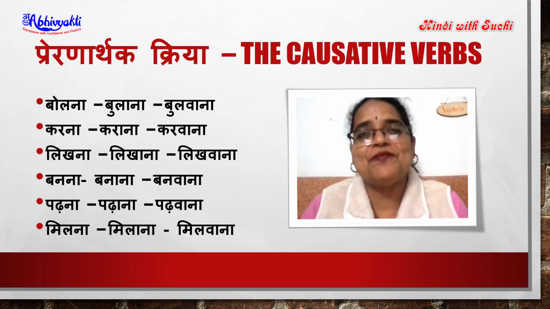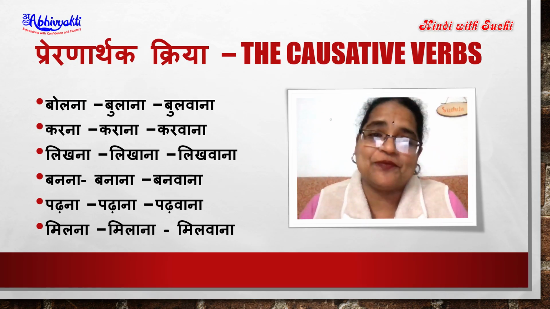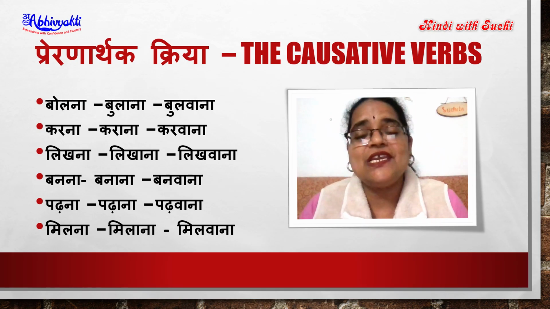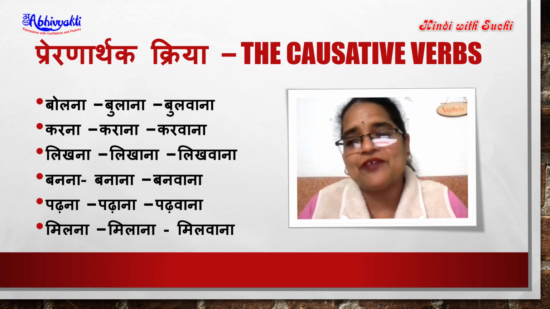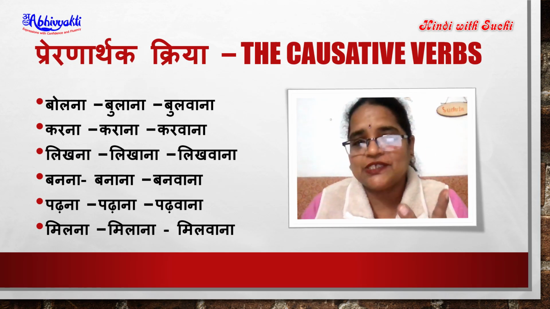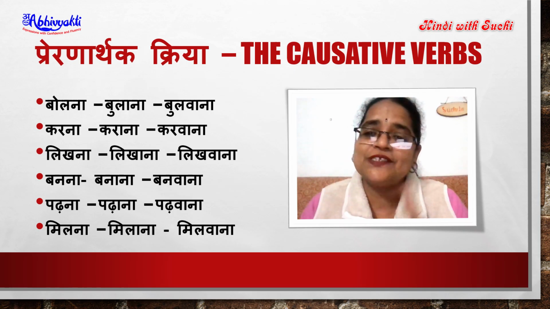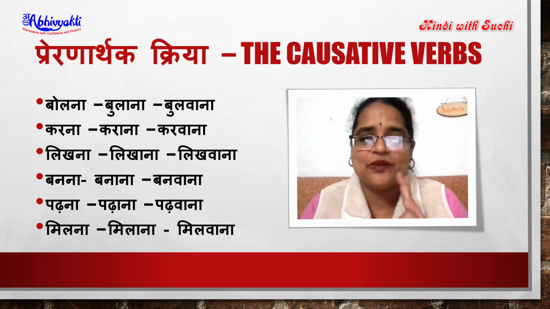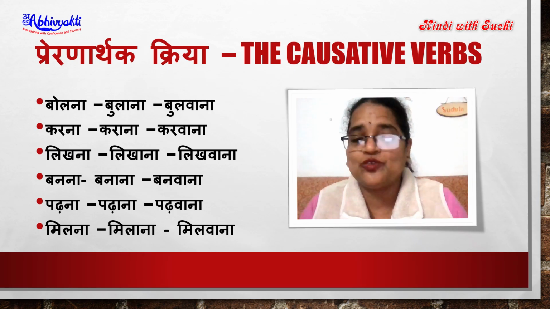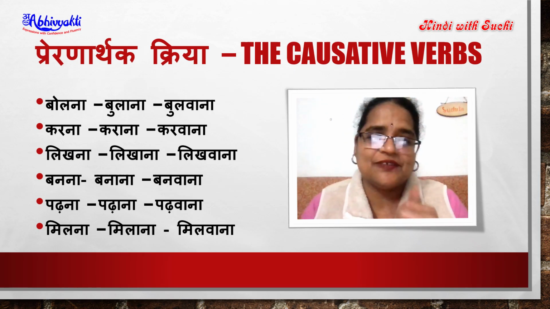Now let's have the last part, the causative verbs. Yes, many verbs in Hindi have 2 causative forms. Prernarthak kriya. So you cause the action in the second person, and you cause the action through someone, the second causative.